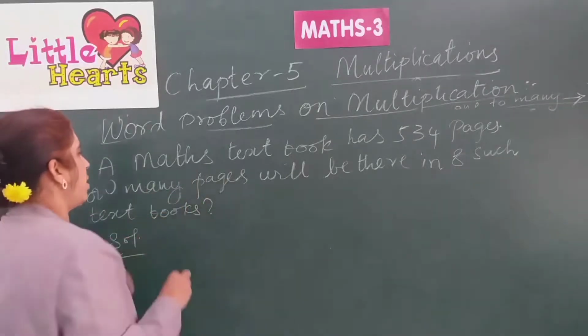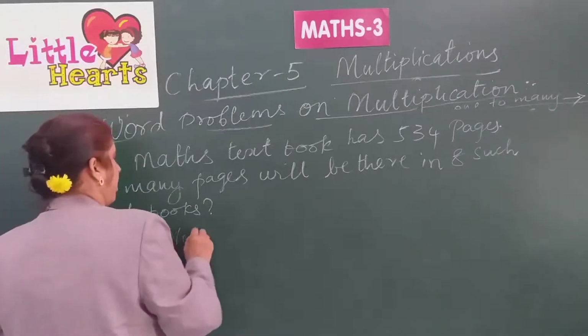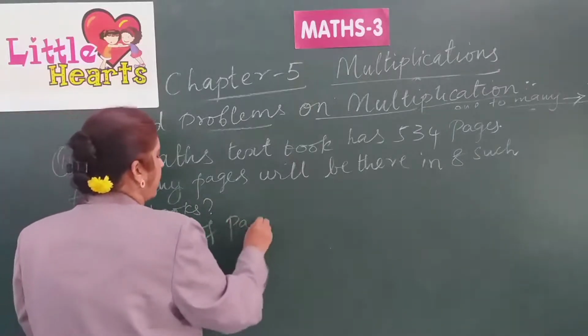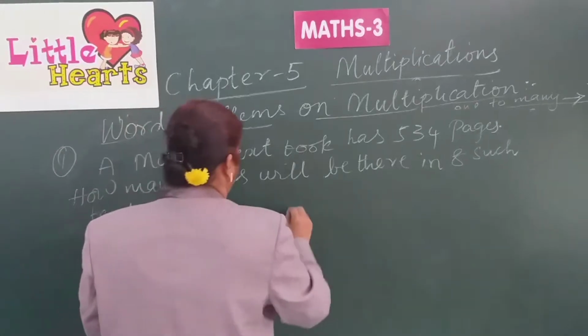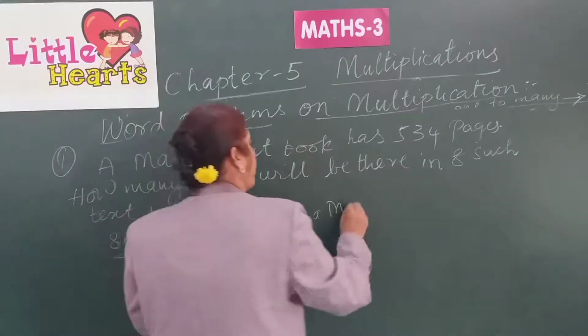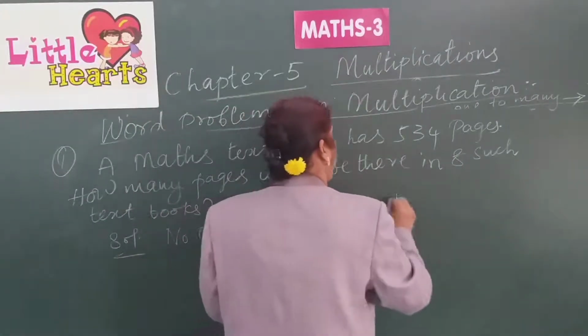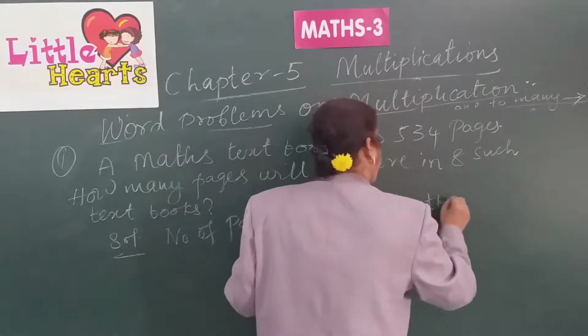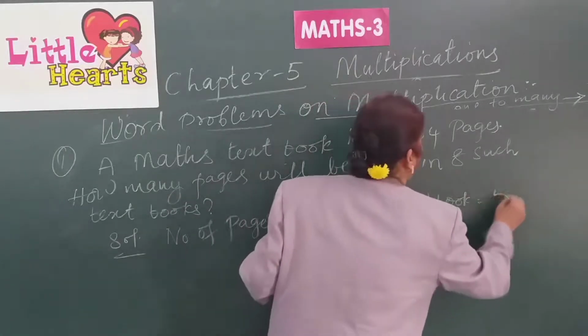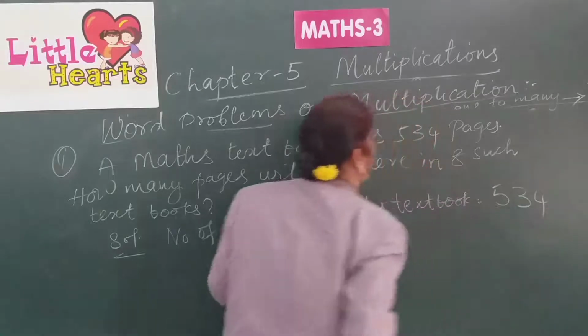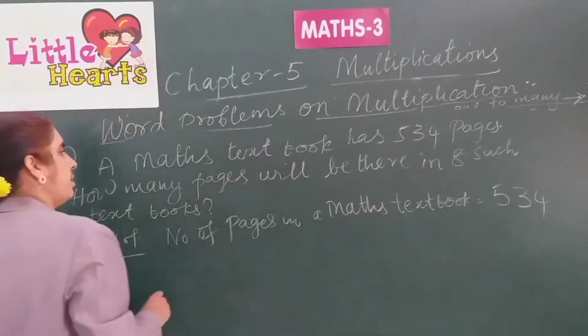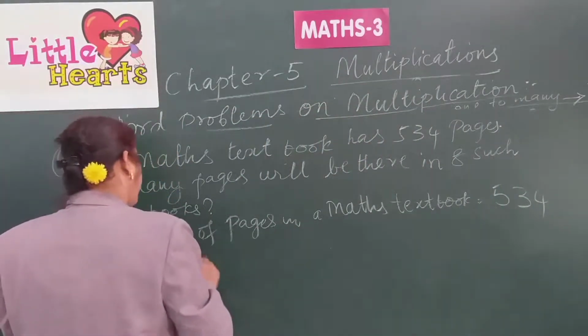Number of pages in a maths textbook. How many? 534. And how many books you have?